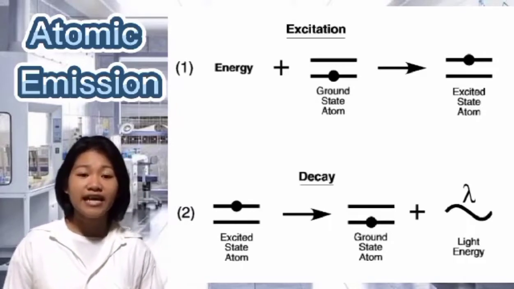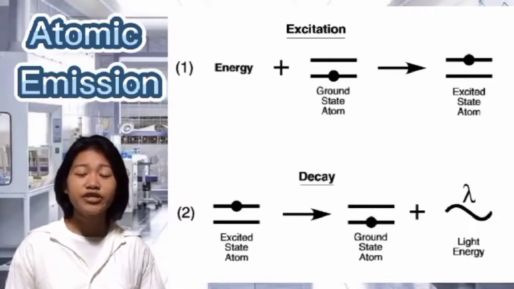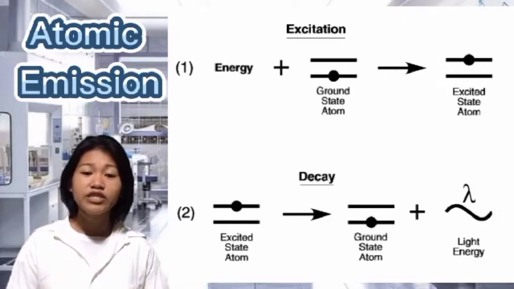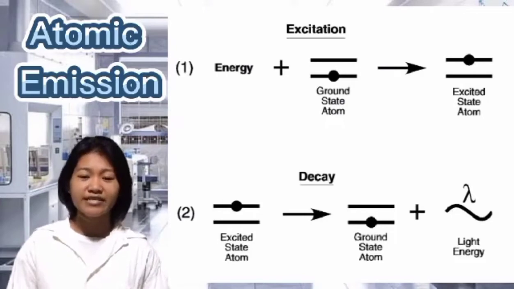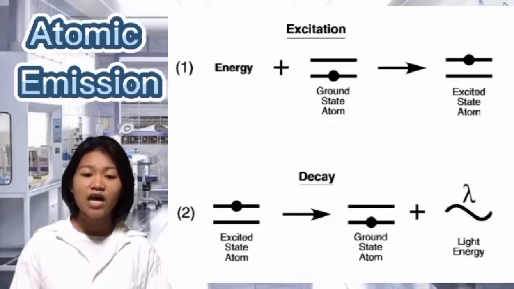However, since the excited state is unstable, the atoms spontaneously return to the ground state and emit light. The emission wavelengths are called emission lines because of the discrete nature of the emitted wavelengths. The intensity at an emission line will increase as the number of excited atoms of the element increases.